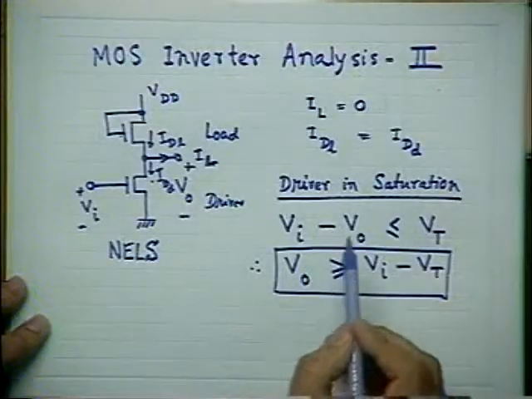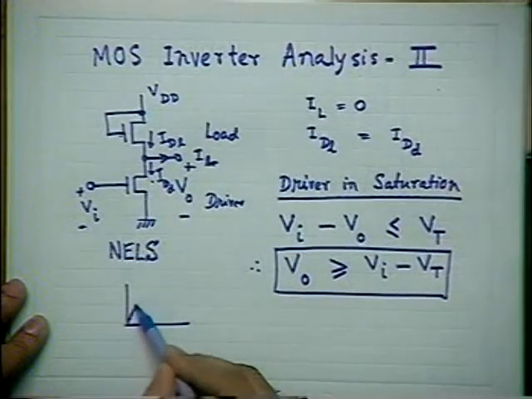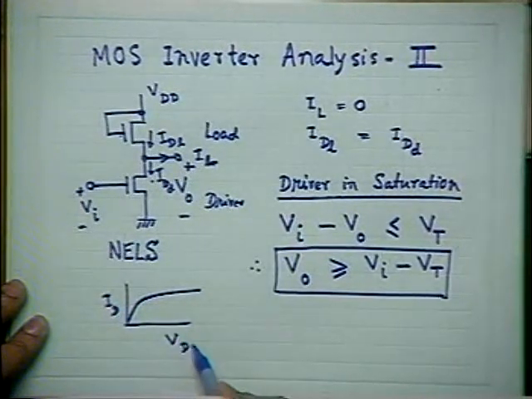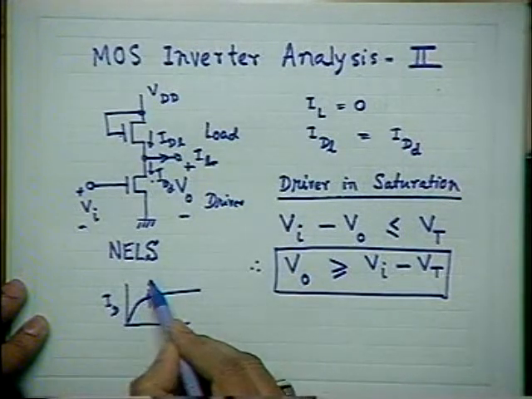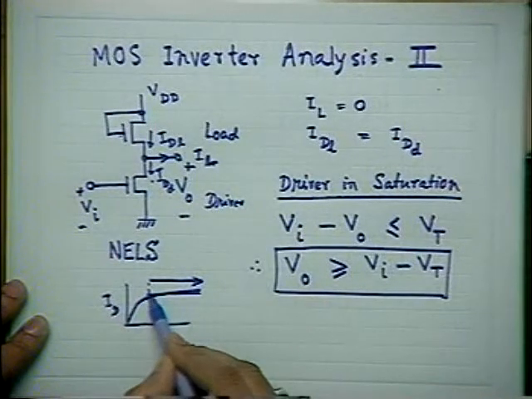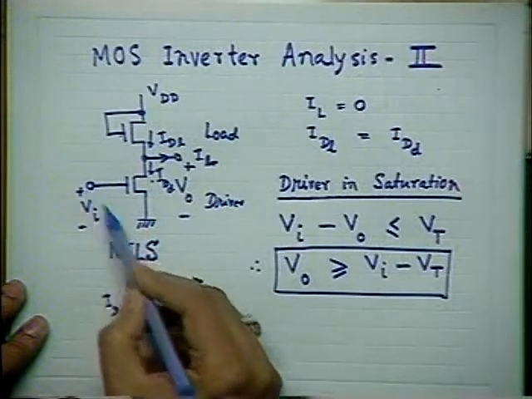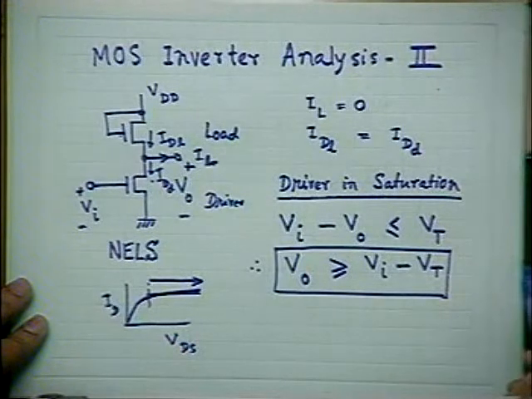The driver transistor is in saturation means we are ensuring that, on this ID versus VD relationship, I am to the right of this line, somewhere here. This is the region of saturation, for which the gate voltage minus drain voltage should be less than the threshold voltage.